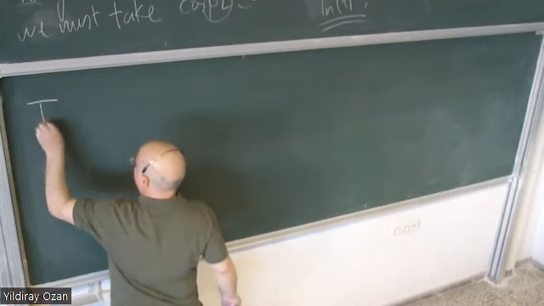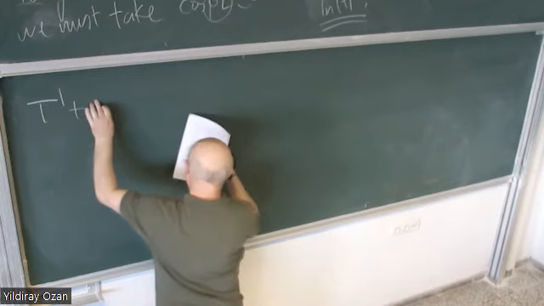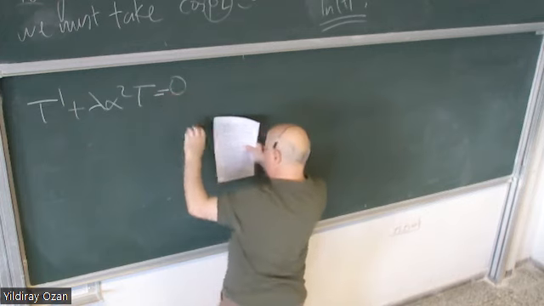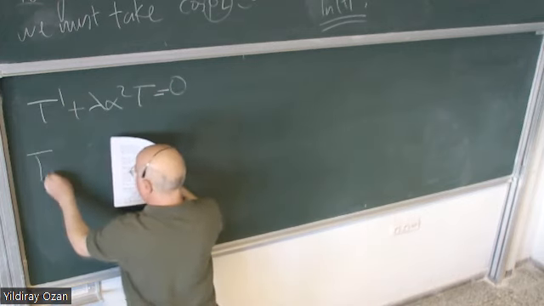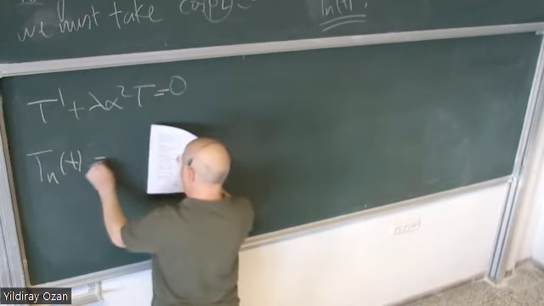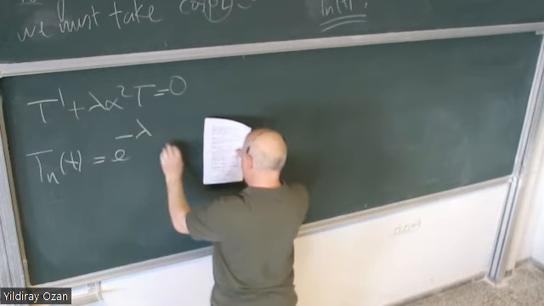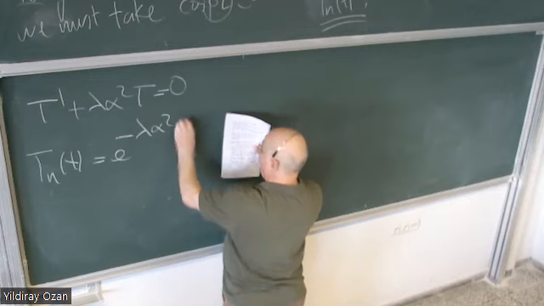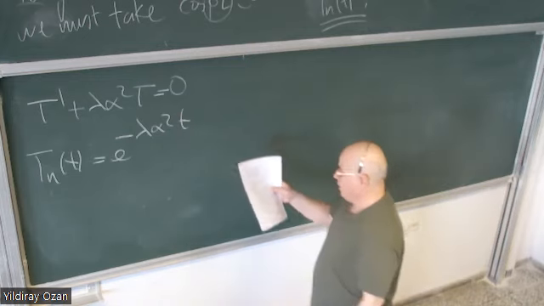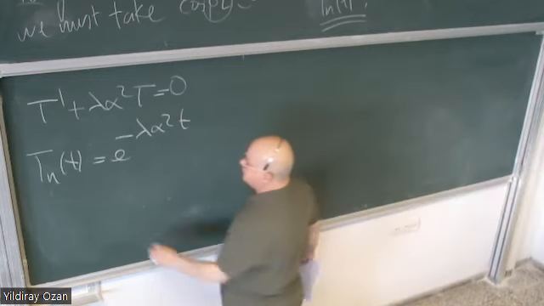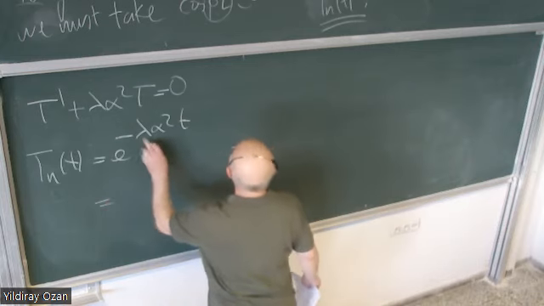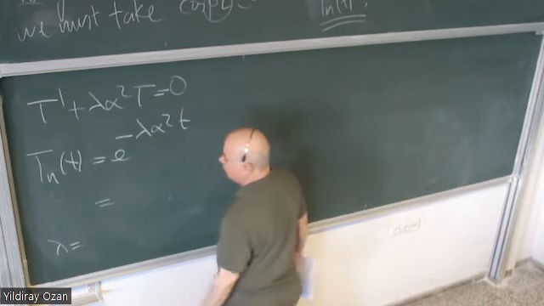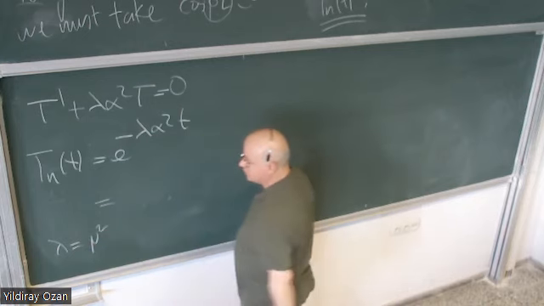Okay. Now for t we have this equation, right? As usual, from this we get T n of t, e to the power minus lambda alpha squared t, and lambda is just mu squared, right?